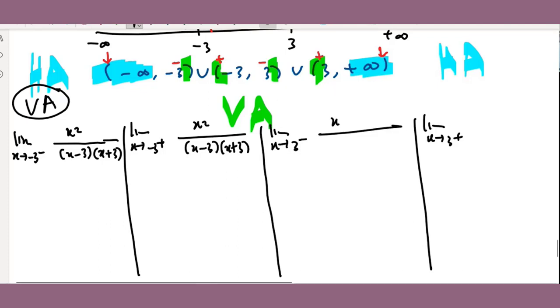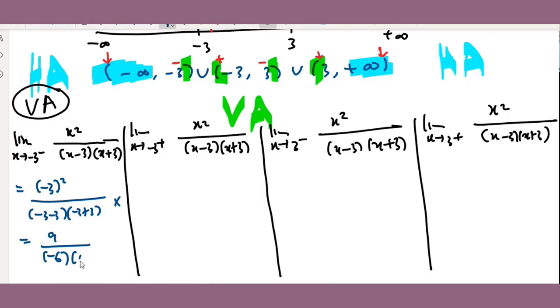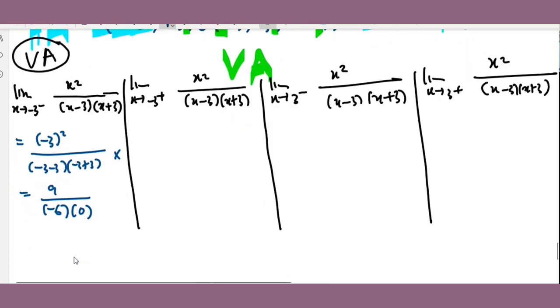Substitute negative 3 directly: 9 over negative 6 times 0, which is 9 over 0.